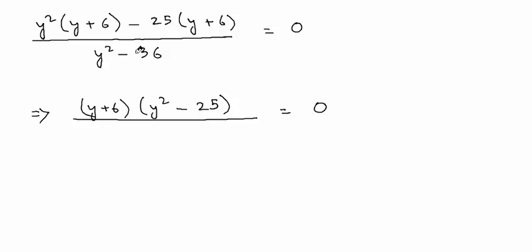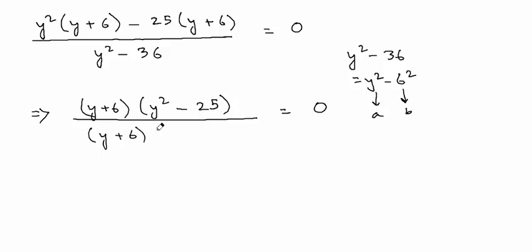If you look at 36, 36 is nothing but 6 squared. So you have y squared minus 6 squared. Let me write that down over here. y squared minus 36 is equal to y squared minus 6 squared. And that comes under the form of a squared minus b squared, where this is a and 6 is b. So we have a plus b, a is y, b is 6. So y plus 6 times a minus b, y minus 6.